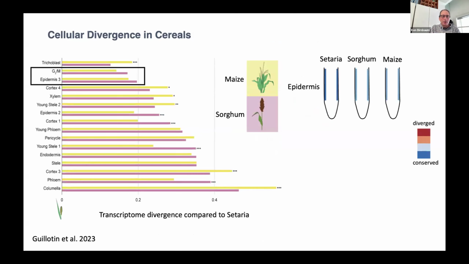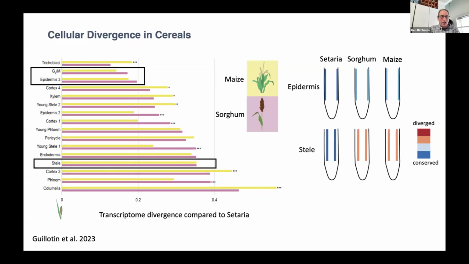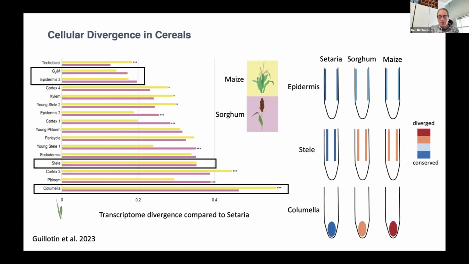So for example, epidermis is quite related, right? There's not a lot of so-called distance between the cell types in terms of their transcriptional identity between these species. Stele seems to evolve, if you would call it that, a little faster, and columella seems to evolve the fastest.